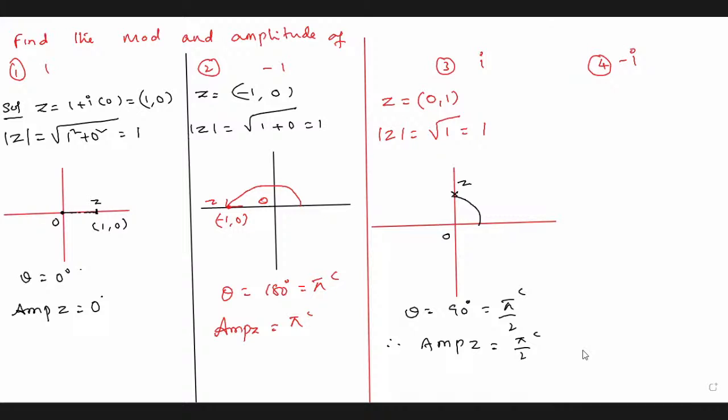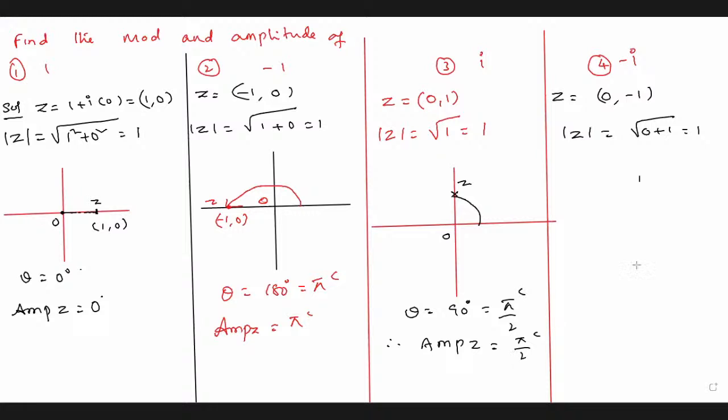Now, the next problem: he asked you to find minus I. Let us consider z is equal to 0 comma minus 1. Mod z value is equal to root of 0 plus 1, which is equal to 1. He asked you to find the amplitude of z. According to the diagram, 0 comma minus 1 will be on the negative y-axis.